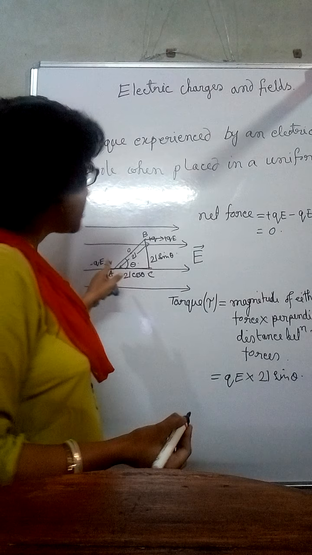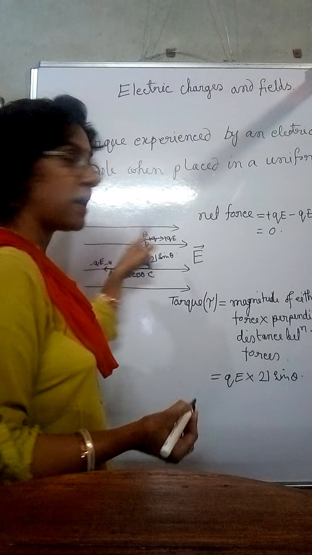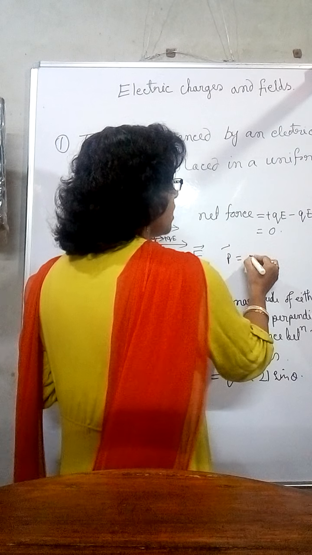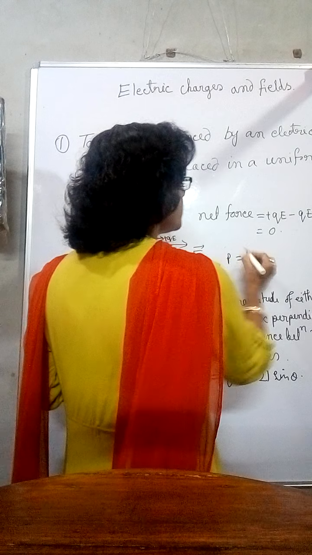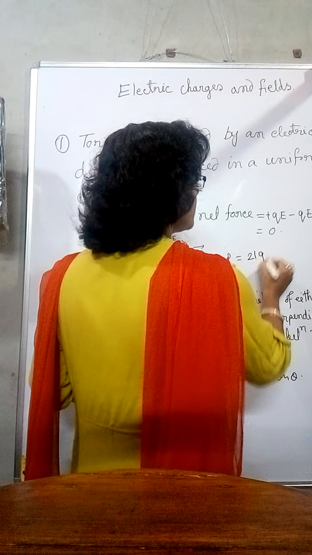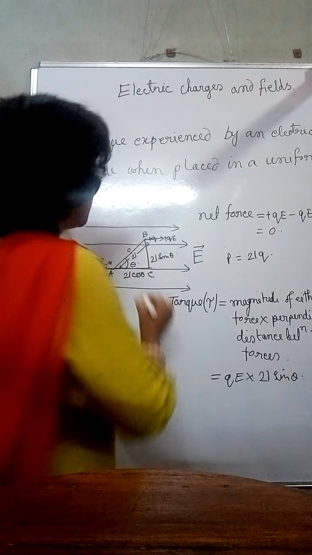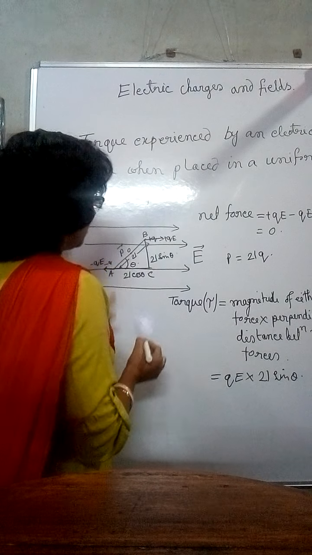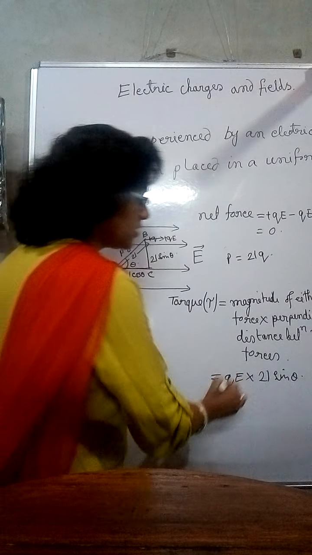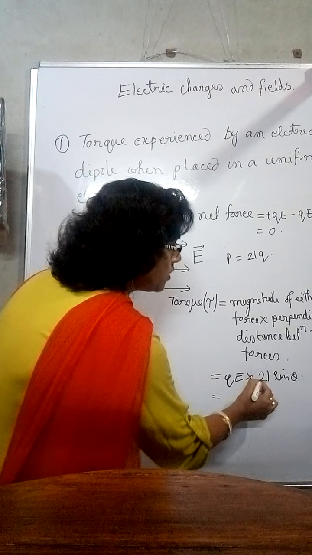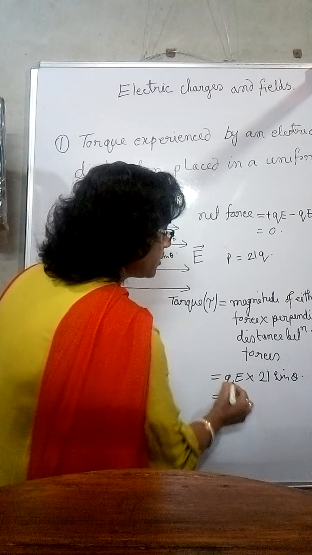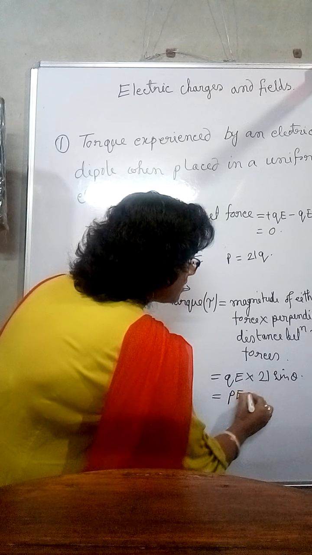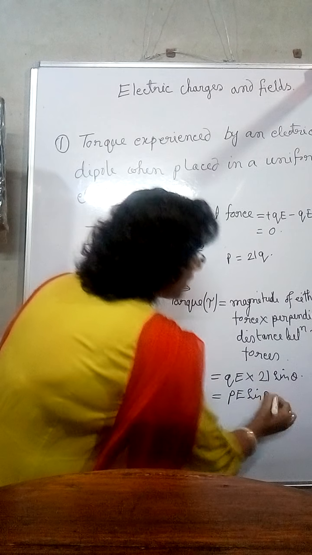Now the dipole moment, you already know from the earlier videos, its direction is from minus Q to plus Q, and its magnitude is P equals 2LQ. So there will be 2LQ, which we can write as P, and there is E sin theta.